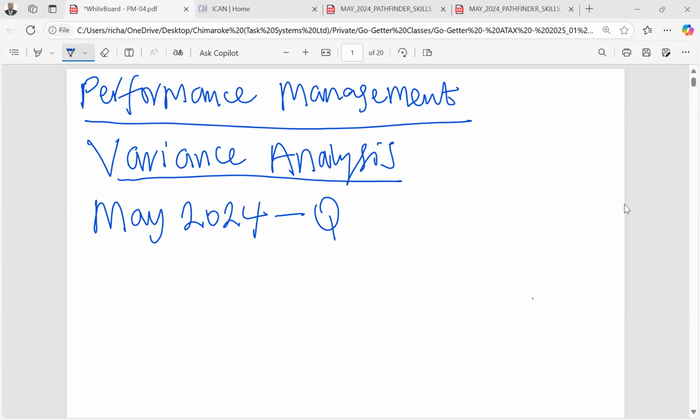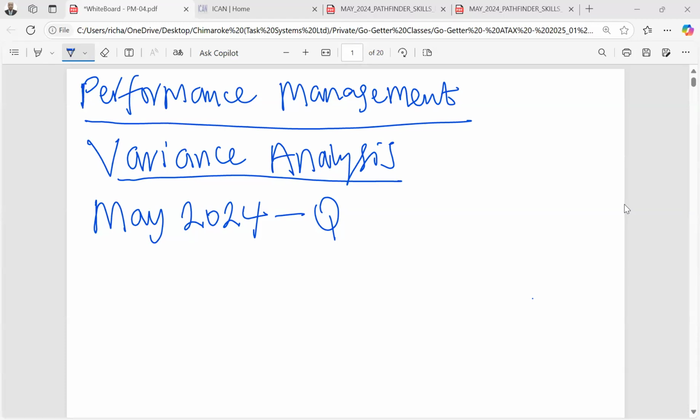You had what you're supposed to spend in the month of March as your budget. Now, March came and went. You now know how much you spent in the month of March, right? Now you check that thing I spent in the month of March. Was it the same with what I budgeted? If it is not, then there is a difference. It is going to be variances.